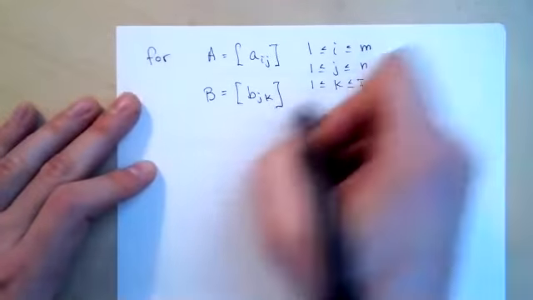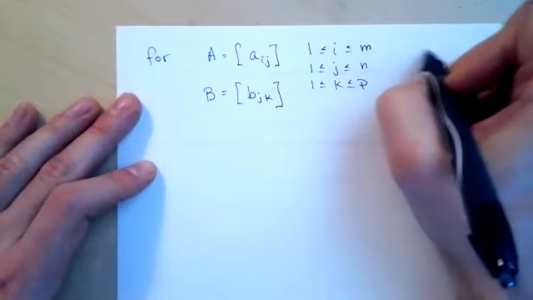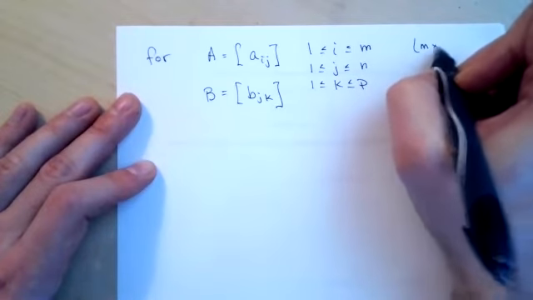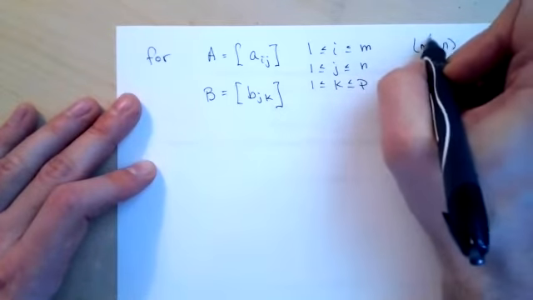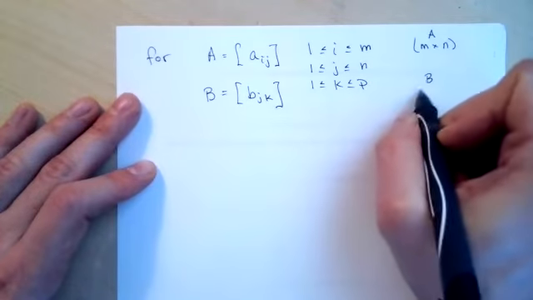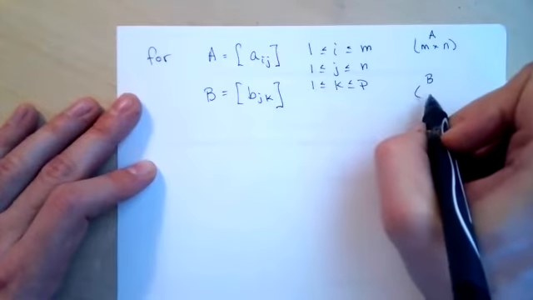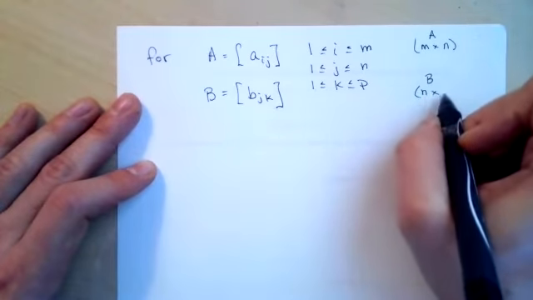So in other words, A is m by n, and then B is n by p.